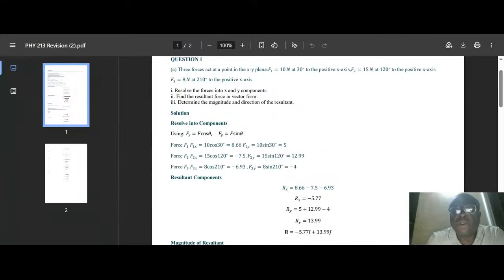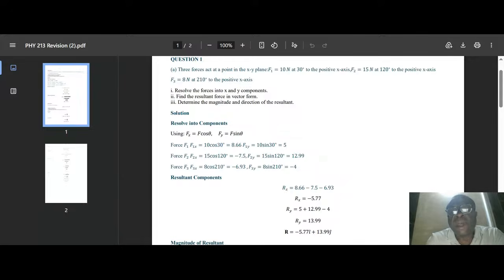Then the second force is 15 sine 120, and if you get the value, it is 12.99. Then the third force, which is 8 sine 210, and if you get the value of sine 210 multiplied by 8, it gives you minus 4. So we are done with the first part of it.